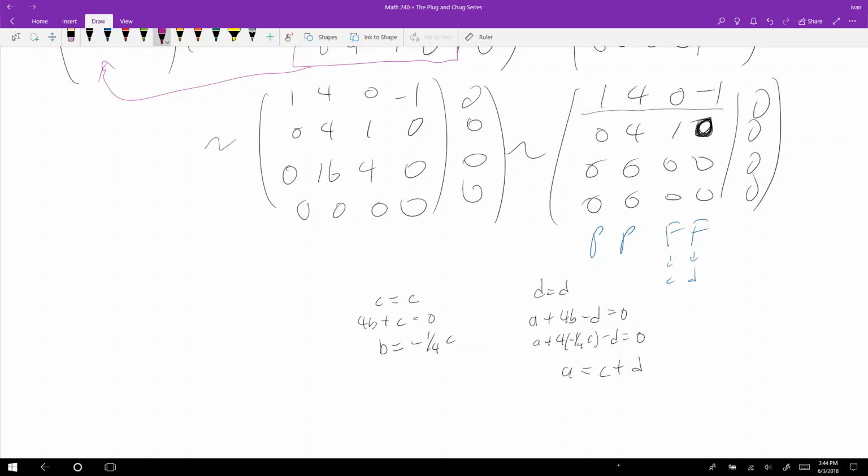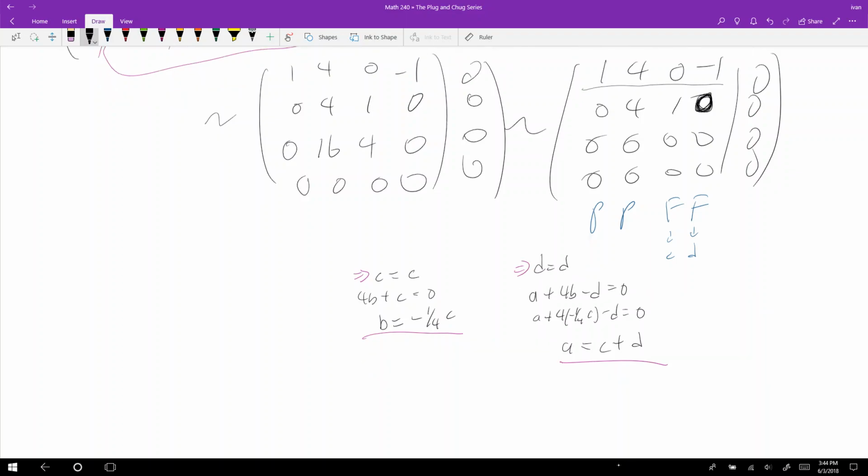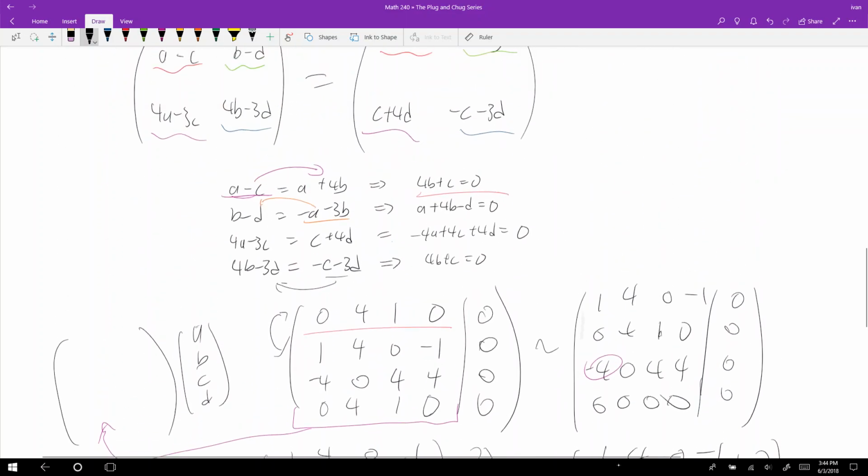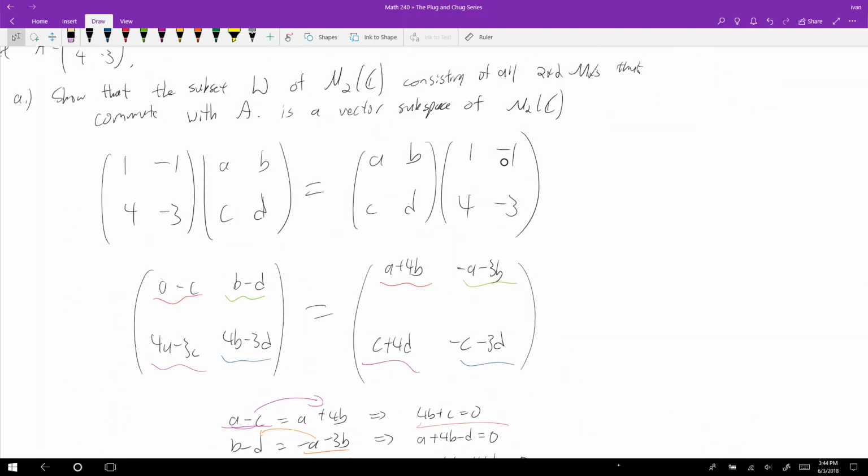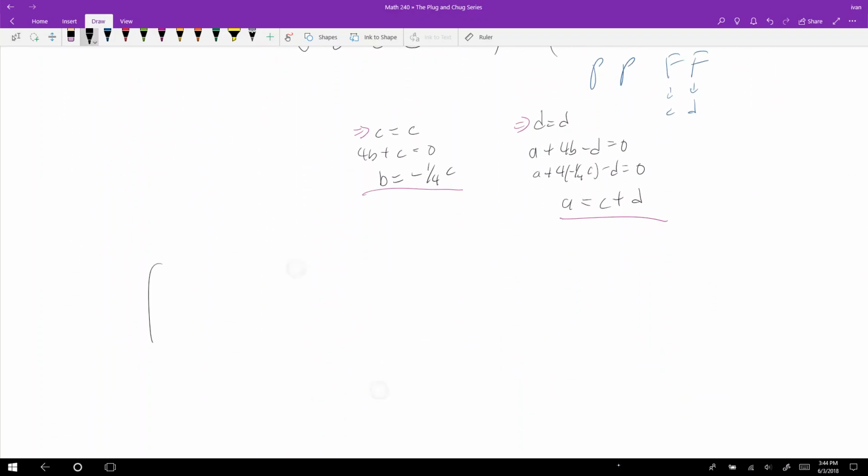So now we have A and B in terms of our free variables, which are C and D, right? Because those were the ones without pivots. And now let's go back to our original matrix of unknowns, A, B, C, D, and we'll realize that A, B, C, D actually equals C plus D, negative 1/4 C, C, D, right?